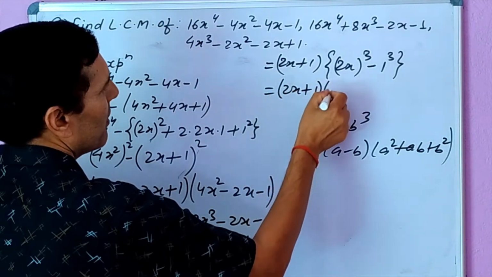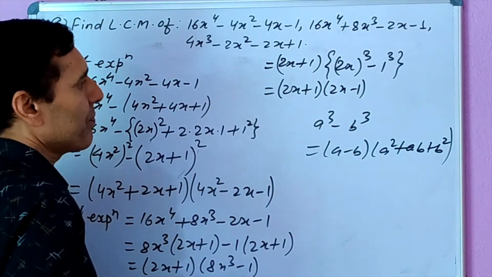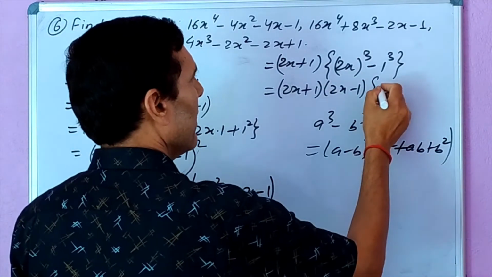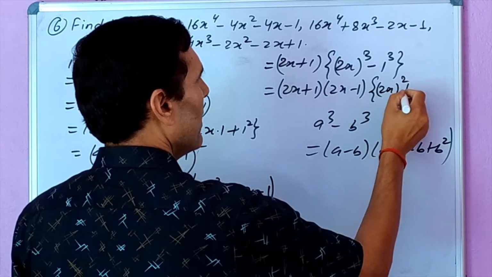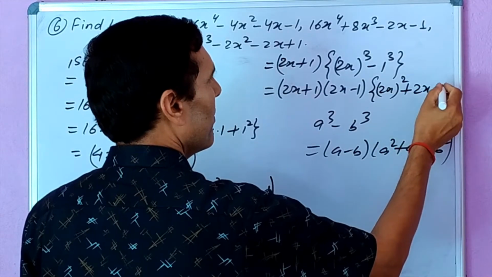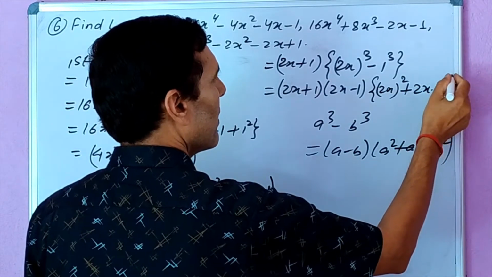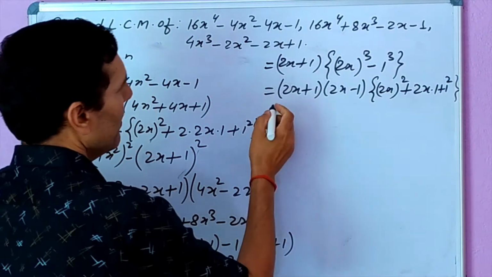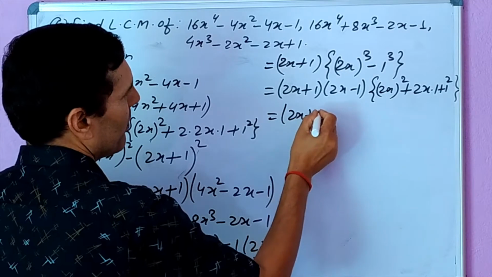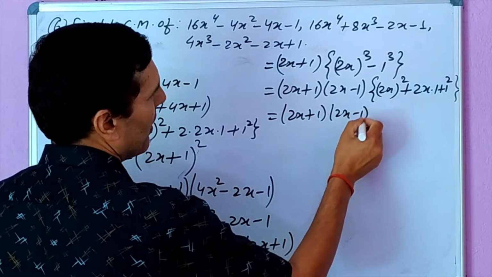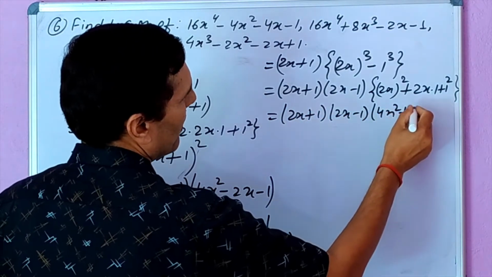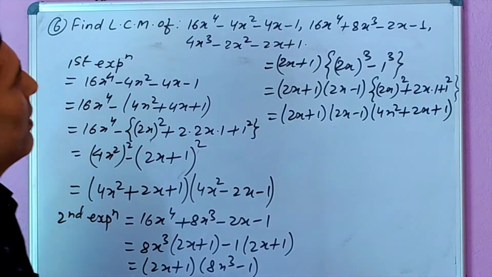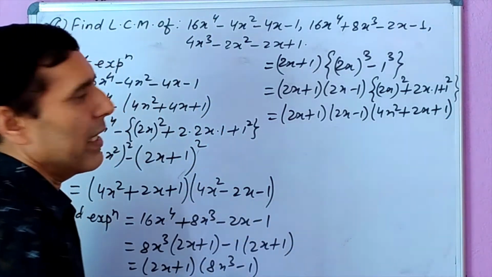So 2x plus 1, 2x minus 1, and then a square plus ab plus b square, which gives 4x square plus 2x plus 1. We cannot factorize this further. This is the factorization of the second expression.